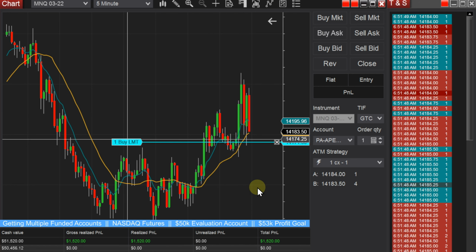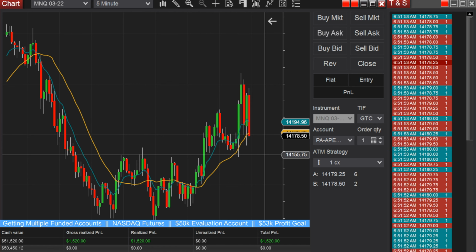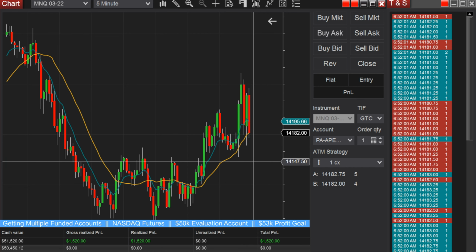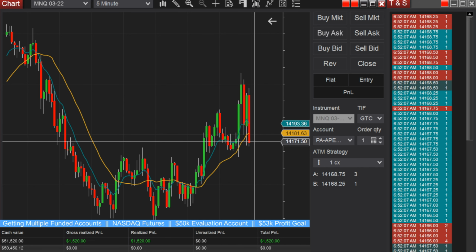And this again is the micros in my cash account. Just being really conservative with this. Don't want to lose these accounts. So if I see some more conviction, I'm also looking at higher time frames like the 15-minute too on my other screens, and looking for higher conviction.